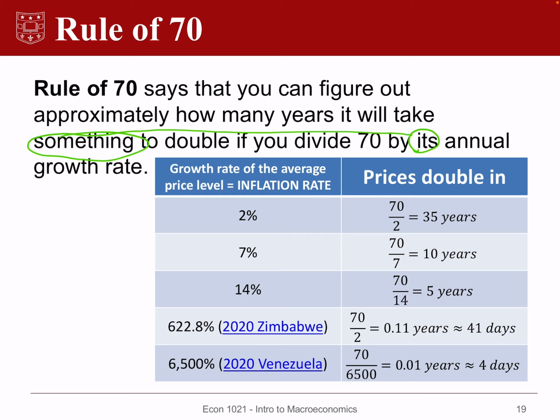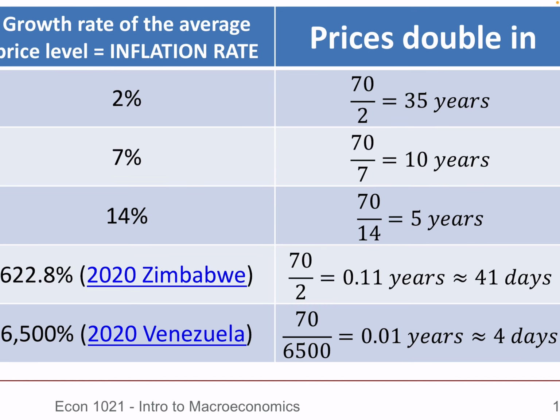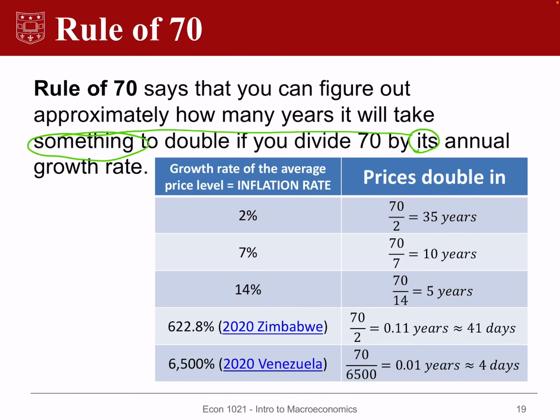So in this particular example, I picked three levels of inflation that, say, the US has seen in my lifetime. The rate of inflation in the US has tended to lately hover around this 2% level, a little bit less as of late. In the 1970s and first part of the 1980s in the US, the rate of inflation was 7%, maybe rising to as high as 14%.